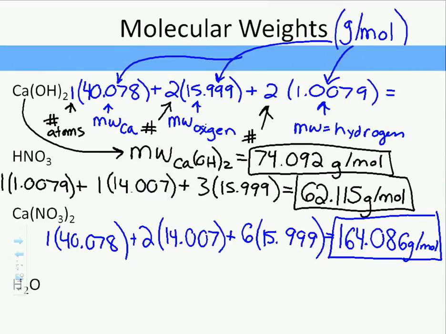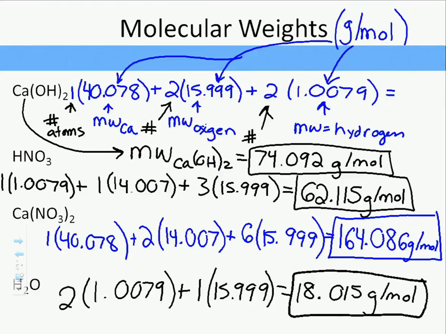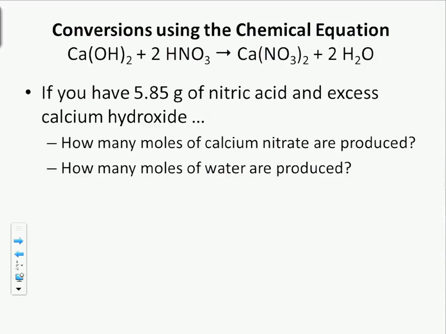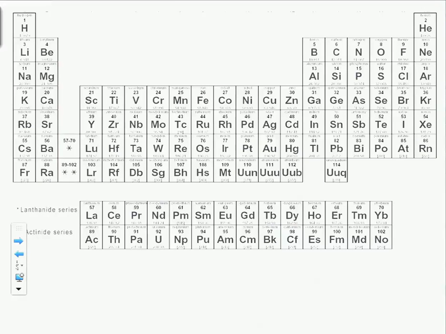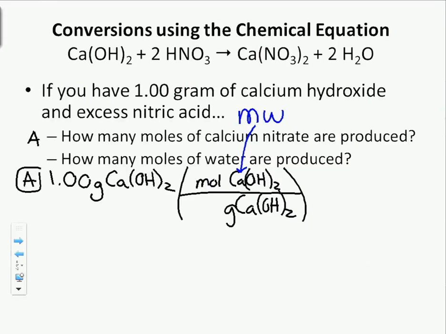Water. 2 times 1.0079 plus 1 times 15.999 equals 18.015 grams per mole. So those are our molecular weights for all of them. You remember, you get all of them just from this periodic table here by adding up all of the molecular weights. So let's go back to this calculation here now.